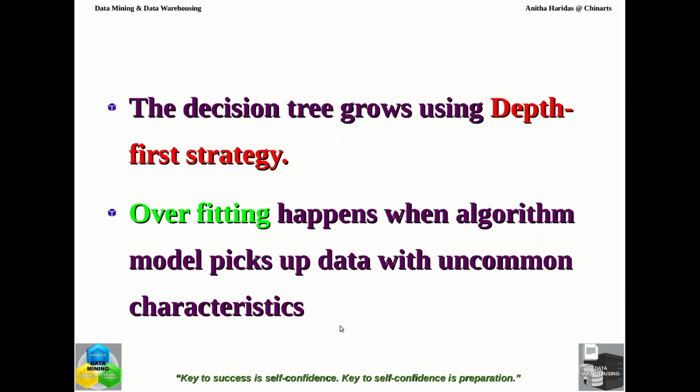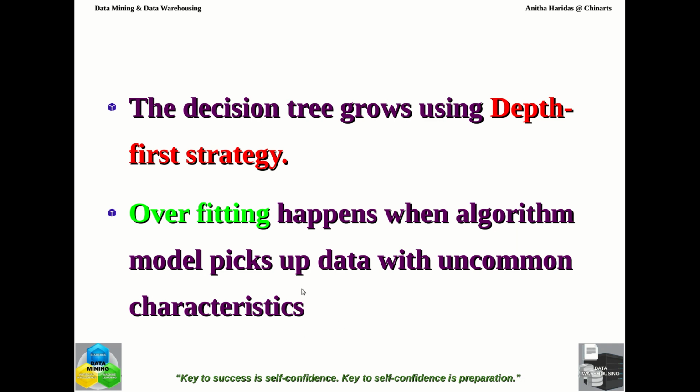Now here in C4.5, the decision tree grows using a depth first strategy, whereas ID3 uses a greedy search method, but here it uses a depth first strategy. And in C4.5, overfitting happens when the model picks up data with uncommon characteristics.